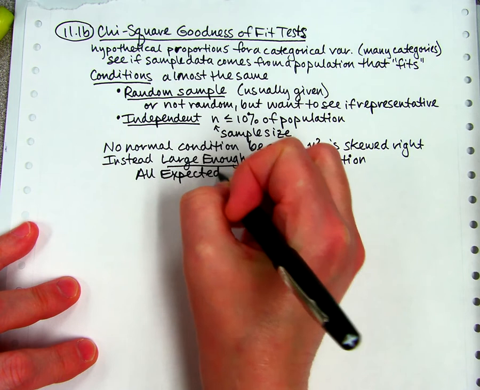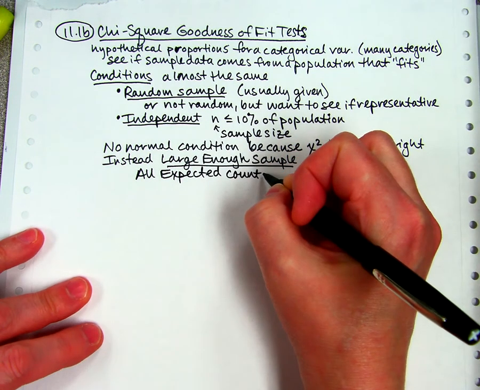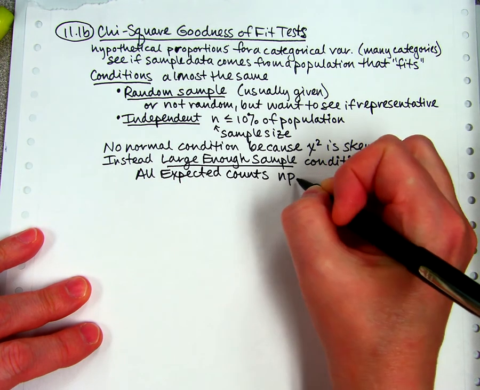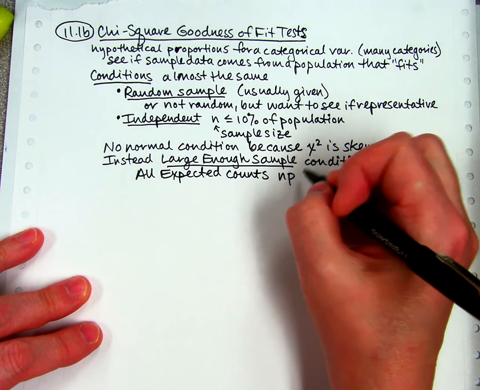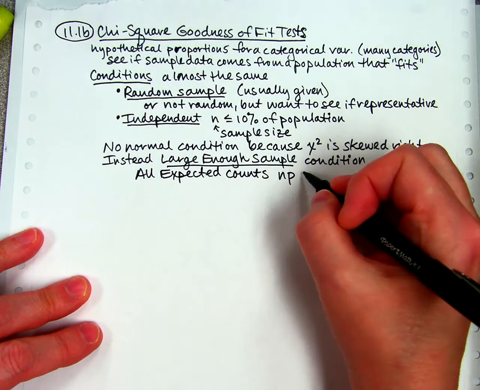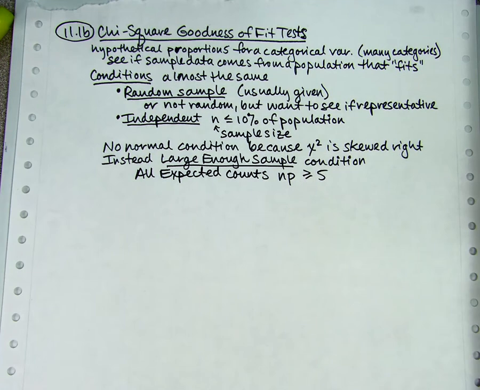The expected counts. And because there's usually so many of them, they don't have to all be bigger than 10. That would be the n times p for whichever p we're looking at. All the np's, sample size times the proportions from our hypothetical list, have to all be bigger than 5 in this chapter instead of 10. So of course, if they're bigger than 10, that's also okay, but they don't have to be bigger than 10.